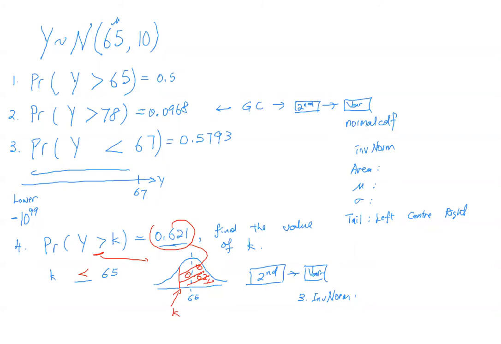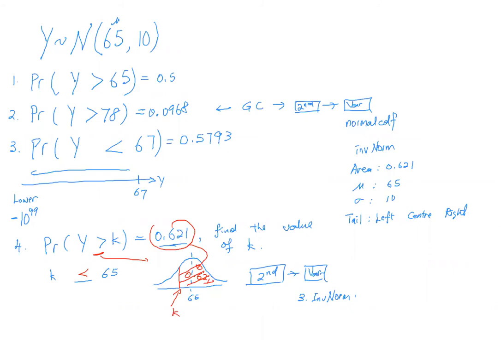I explain this first, okay? So what you need to do is you key in the area, that means the probability, 0.621. The mean is 65. The standard deviation is 10.